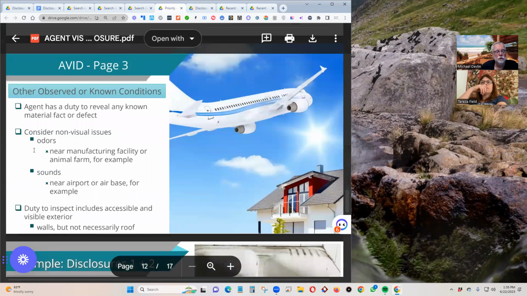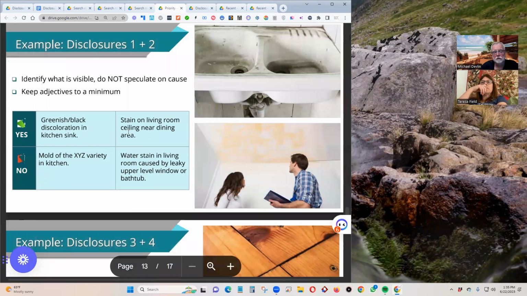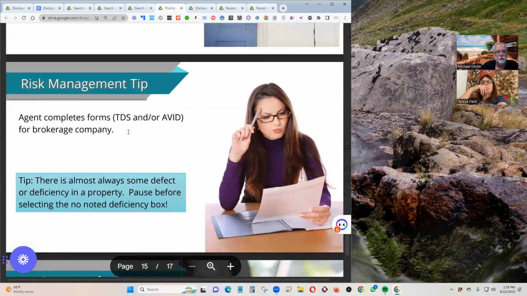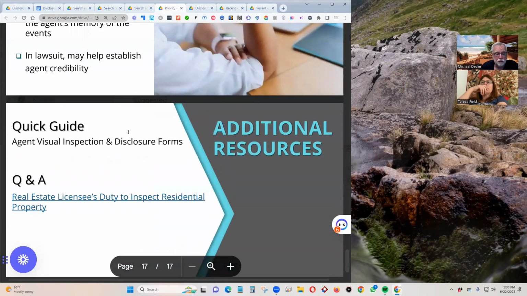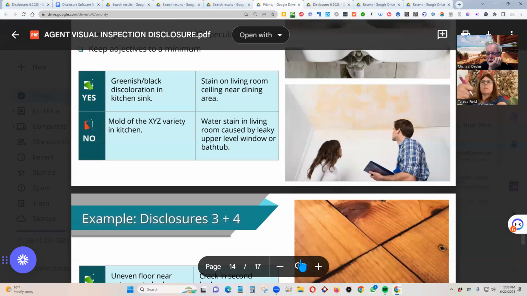They give you examples, non-visual sounds. There's some examples of what you might want to say, more examples. You should use it, right? You should use it. All right, was that enough?